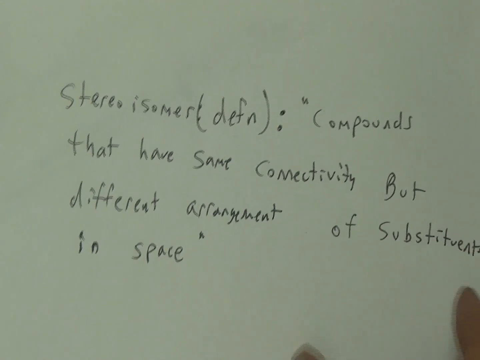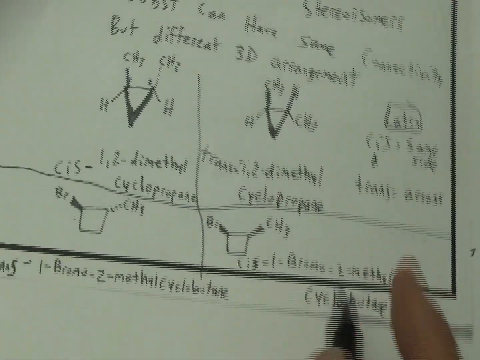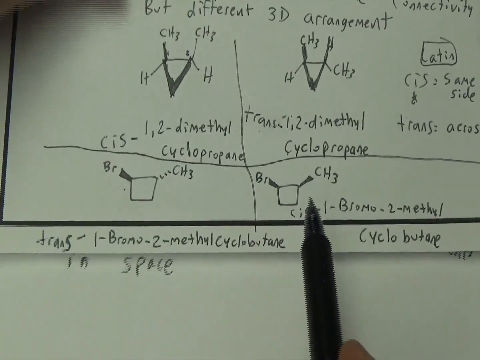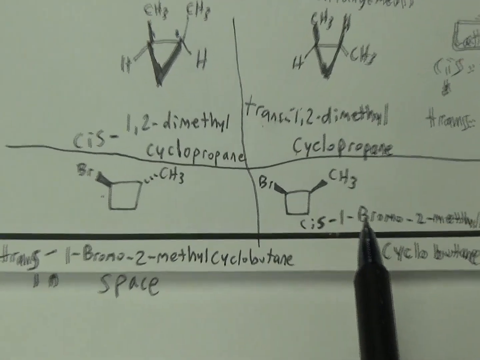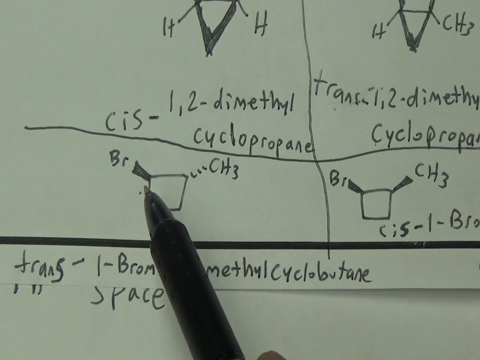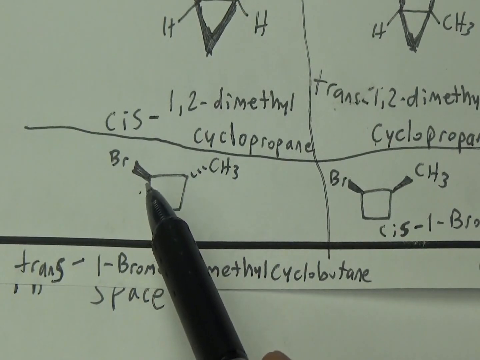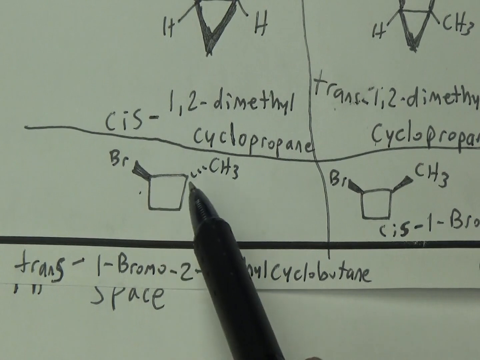I'm going to go back to the last ones I just did real quick. I just want to make it clear, and it should be clear to you now that you're more familiar with organic structures, that there's a hydrogen there and there, right? Here the bromine's coming towards us. Where's the hydrogen going? It's going away. Here the CH3 is going away. Where's the extra hydrogen?